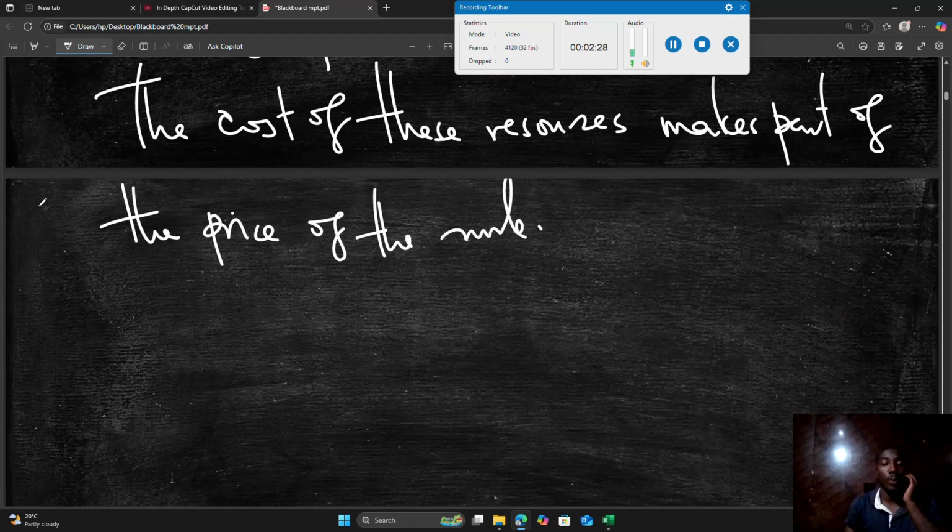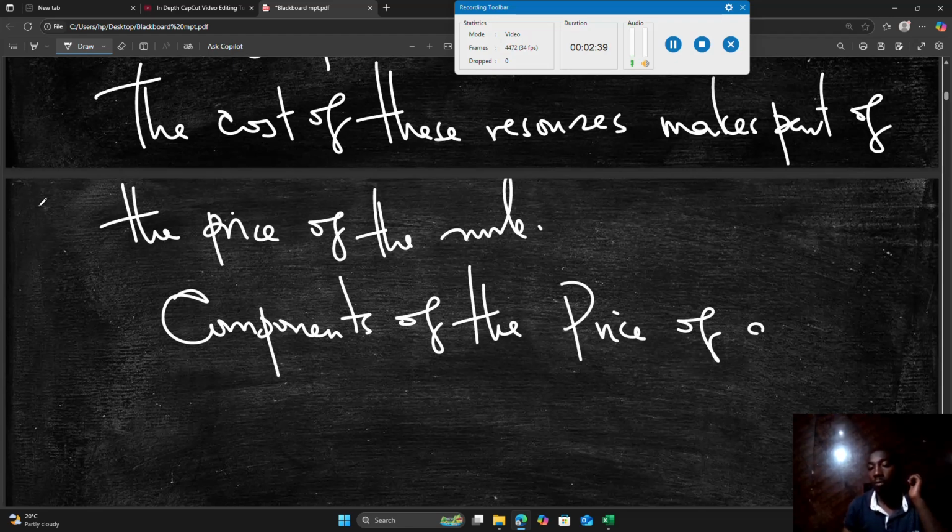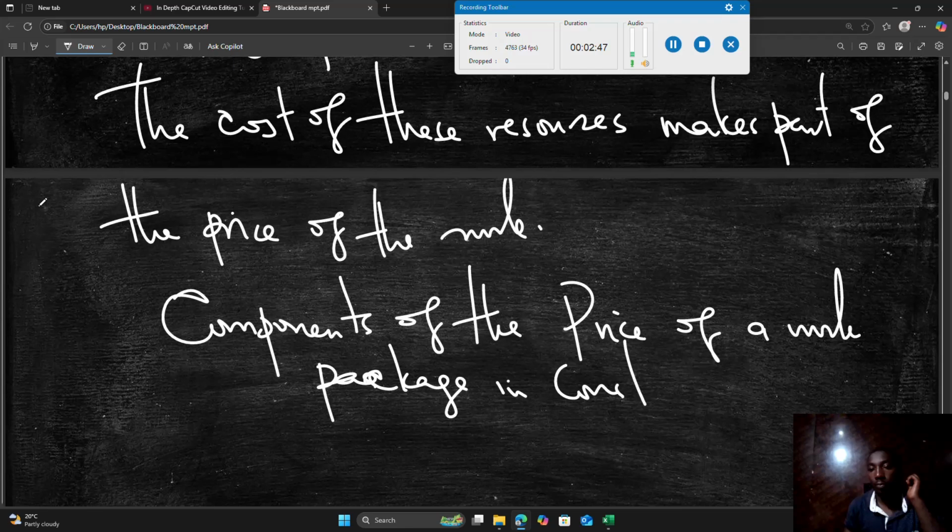Let's look at components of the price of a work package in construction.